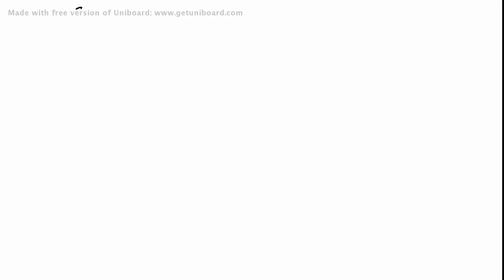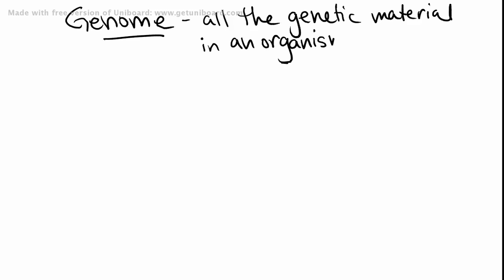All right, next word, genome. Genome is all the genetic material in an organism. Now, it's not necessarily all the genes in an organism.